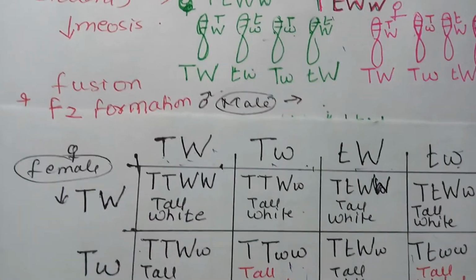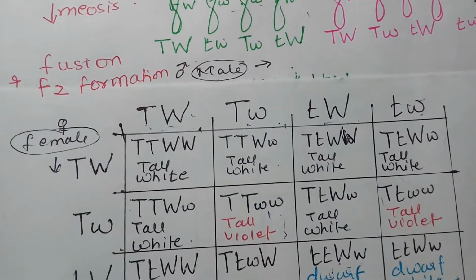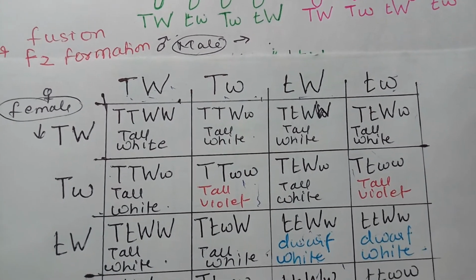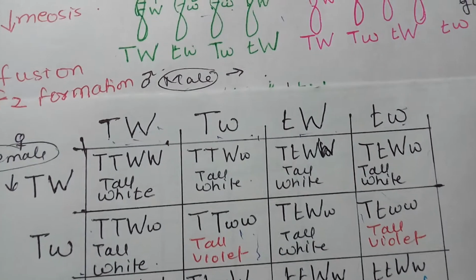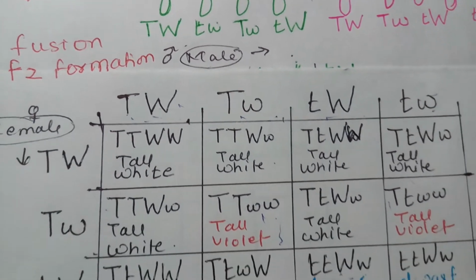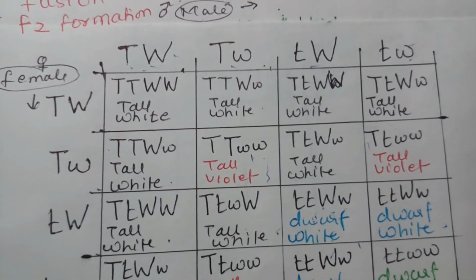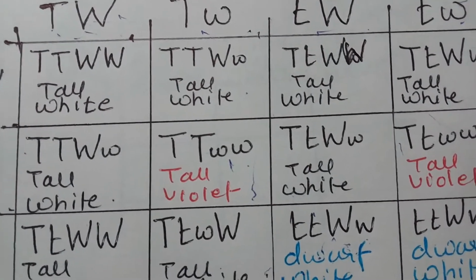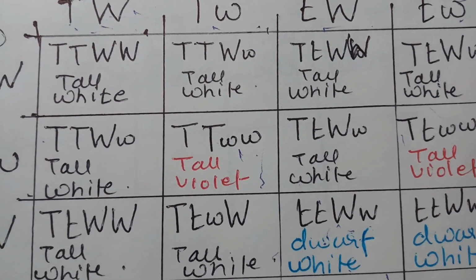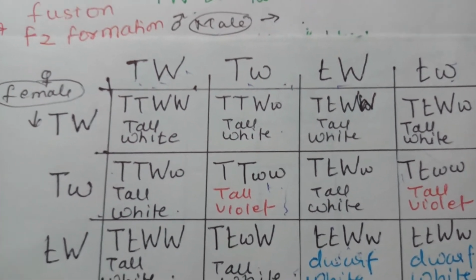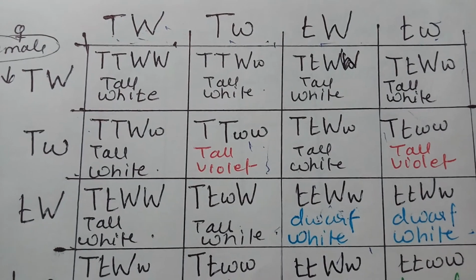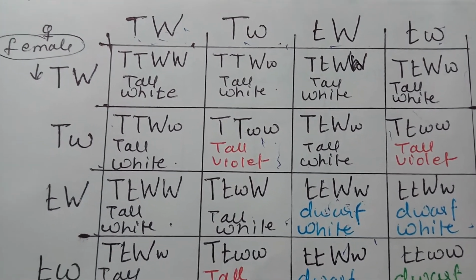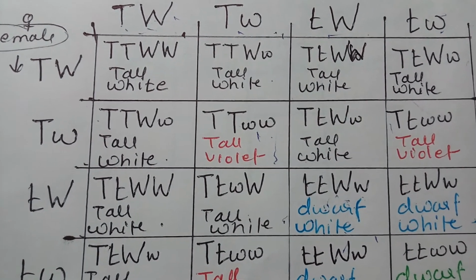Now wherever you see capital T, that means tall will express its effect according to the law of dominance. Whereas if you see capital W, that means white will be expressed according to the law of dominance. Now if you look at this tall violet, here capital W is missing, so violet will be expressed. The recessive gene will only be expressed in the homozygous condition, that is, when the dominant allele is missing.